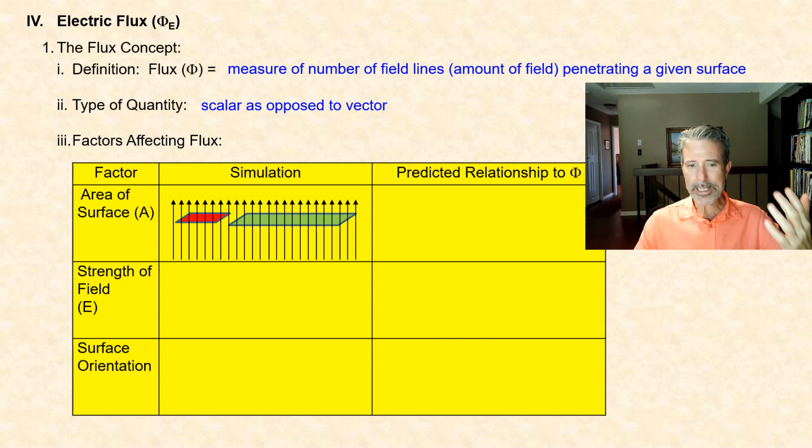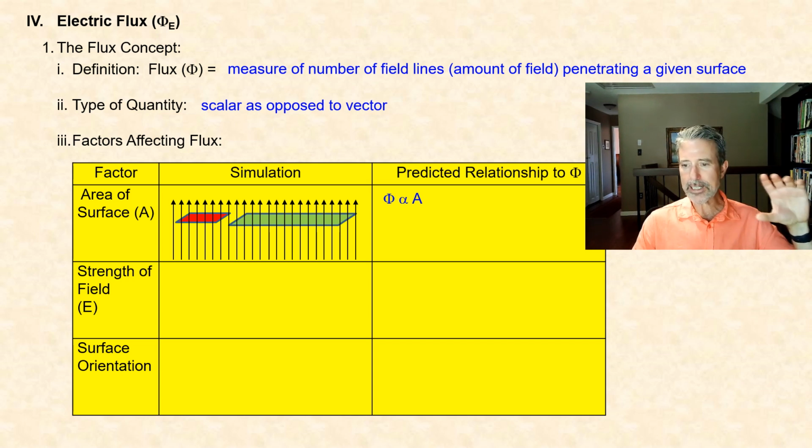I think it's pretty easy to see here that the greater the area of the surface, the greater the number of field lines that penetrate the surface, therefore the greater the flux through the surface. So in essence, we can say that there's a direct relationship between the flux through a surface and the surface area of that surface.